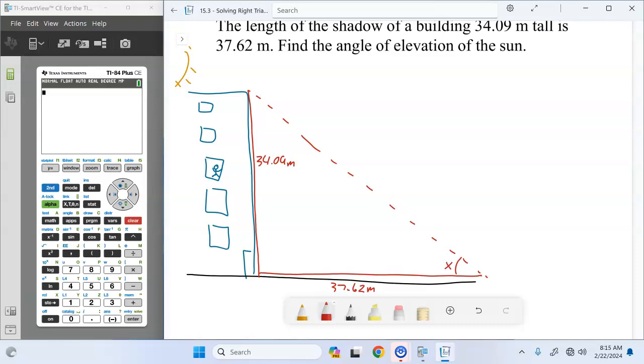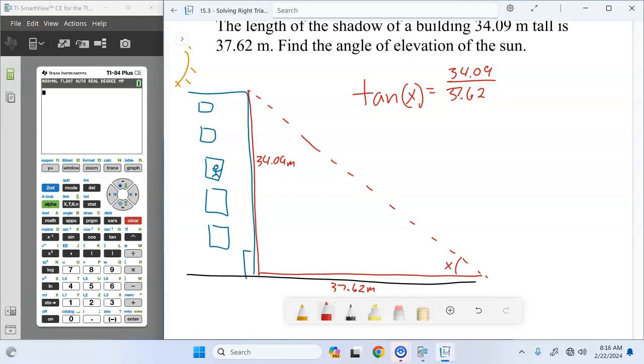Given that we want to solve for angle x and we have the two sides shown, what trig function are we going to use? Okay, don't tangent the line. If we're using the horizontal and the vertical, we're using tangent. Right? Tangent of x equals 34.09 over 37.62. And what do we use when we want to find the measure of the angle given the side lengths? The opposite. Inverse tangent.